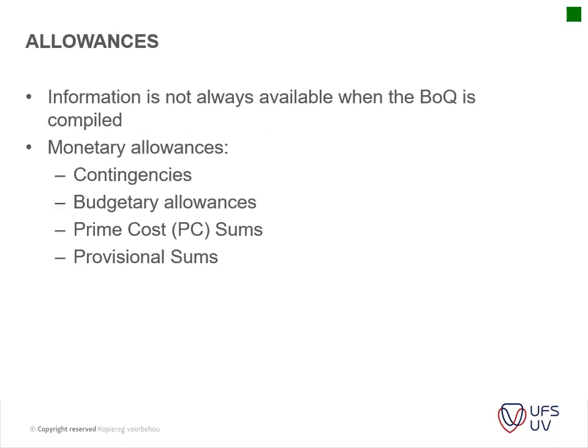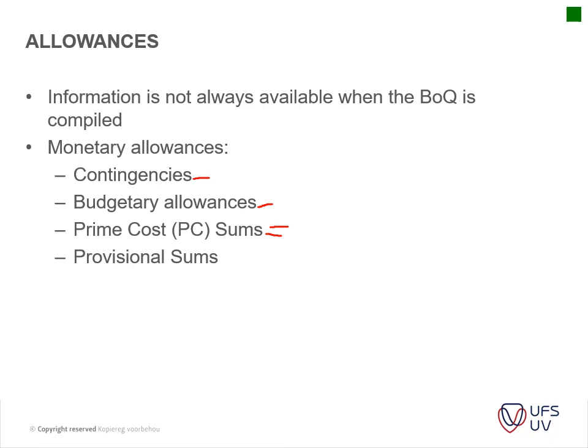Okay, then allowances. Information is not always available when the BOQ is compiled. Monetary allowances usually come in the forms of your contingencies, budgetary allowances, prime cost sums. Your prime cost sums, okay, I've explained the provisional sums earlier, but your prime cost sums is basically the basic cost of these items.